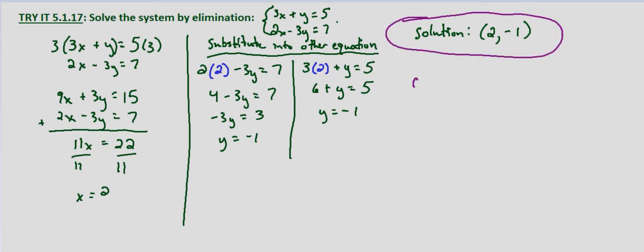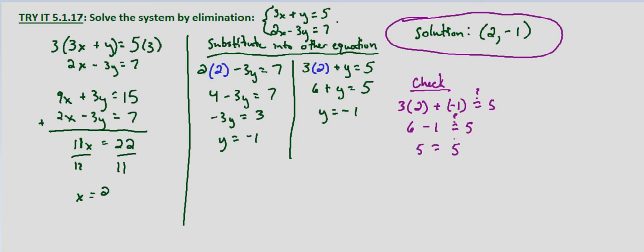So let's check this solution by plugging both into both equations. So 3 times 2 plus negative 1, does that equal 5? 6 minus 1, does that equal 5? 5 does equal 5.